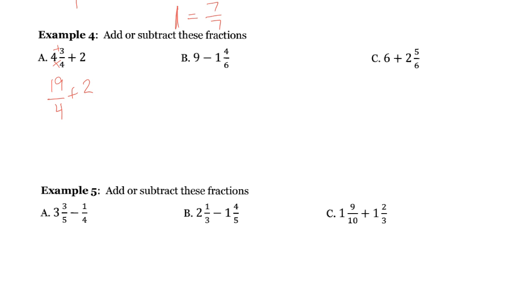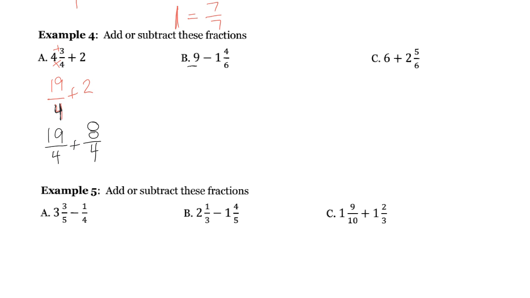Because 7 out of 7 is one group. But now we have 2 groups. We have 2 sets of 7, or in this case, 2 sets of 4. So this 2 really becomes an 8 out of 4, because we have 2 groups of 4 in that 8.